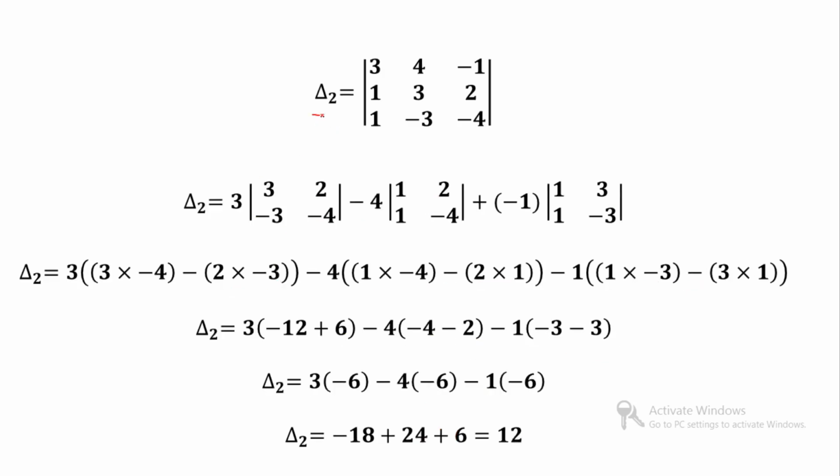Again we start with delta 2, so that is equal to, with respect to the first row, I will consider 3 as it is, cancel out that first row and column of the first element, so that is equal to 3, 2, minus 3, minus 4, that is the first step.